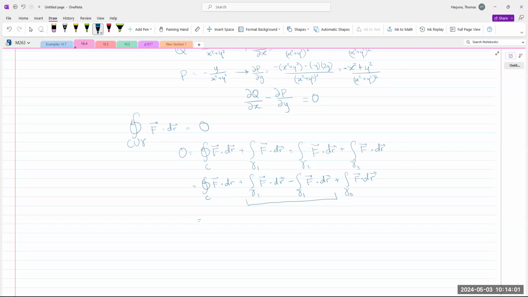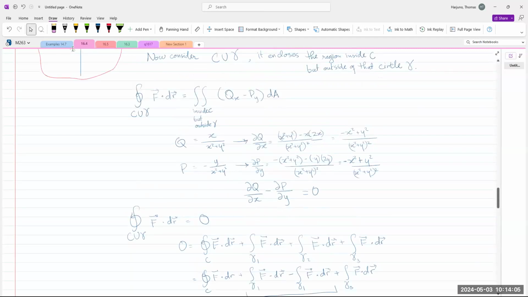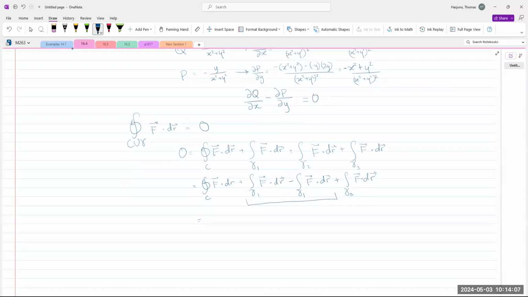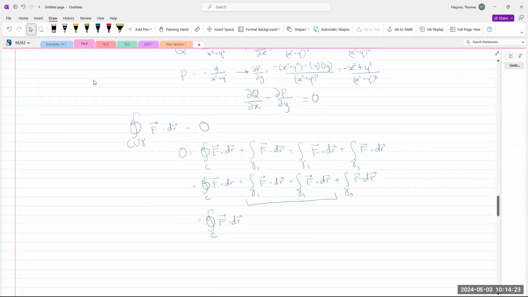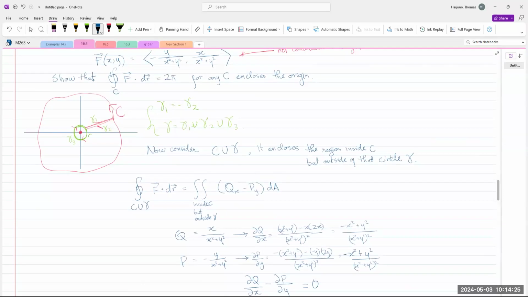Now, but notice that integral over closed curve C of f dot dr, the orientation there is positive, right? Okay, and gamma 3 is also actually negative, huh? Right? Take a look.